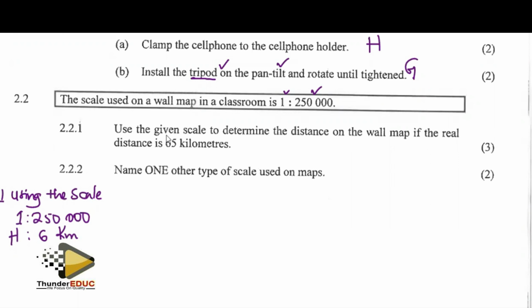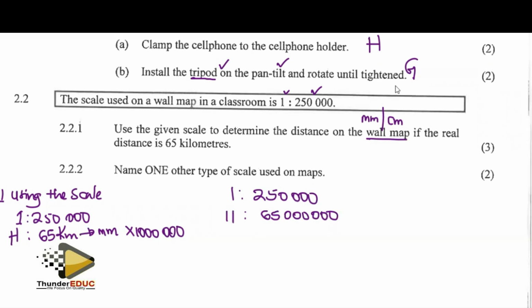The question says we need to change the 65 kilometers to measurements on the wall map. But the measurements here are either millimeters or centimeters, so we shall have to change the kilometers. Let me change them to millimeters to make sense. To change kilometers to millimeters, I need to multiply by 1,000,000. So they are no longer kilometers, equals H. If 1 gives me 250,000, which number will give me 65 million?